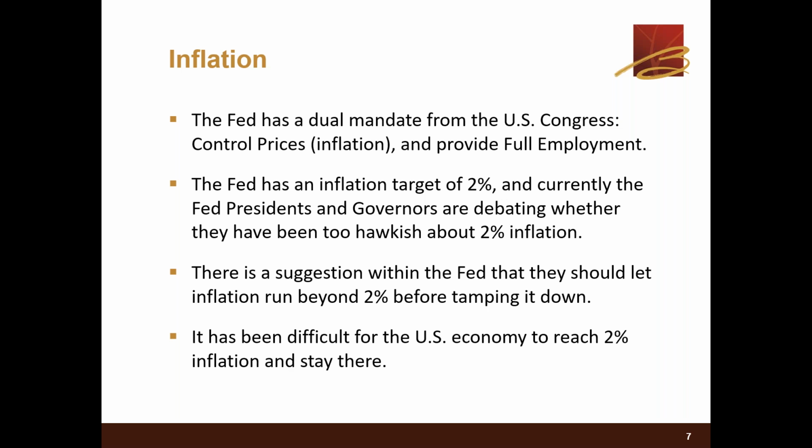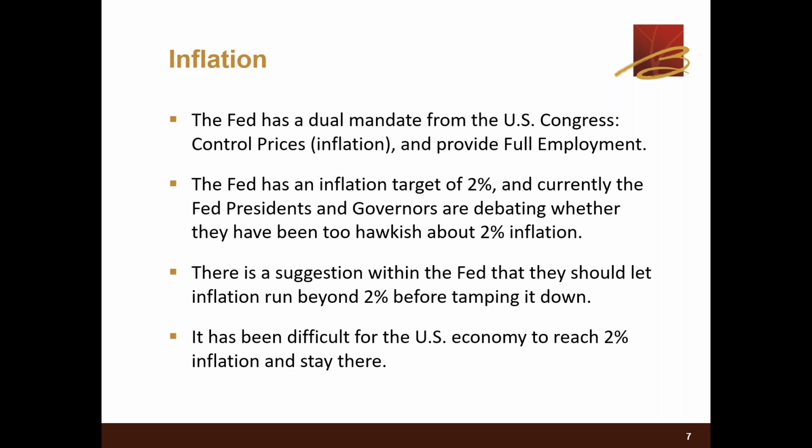So the Fed has set what they think of as a neutral target of 2%, and a current debate that shows another part of flexibility within the Federal Reserve is whether they've been too hawkish, or too conservative or concerned about inflation running away.